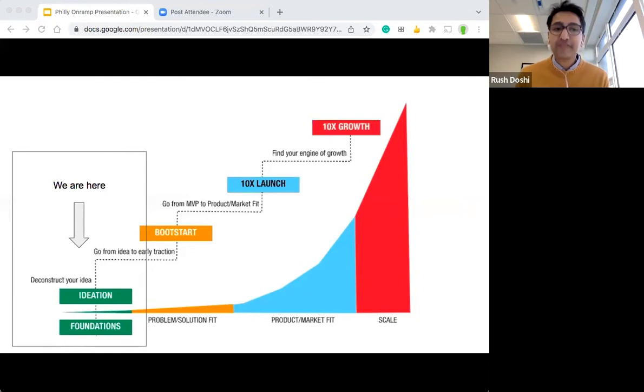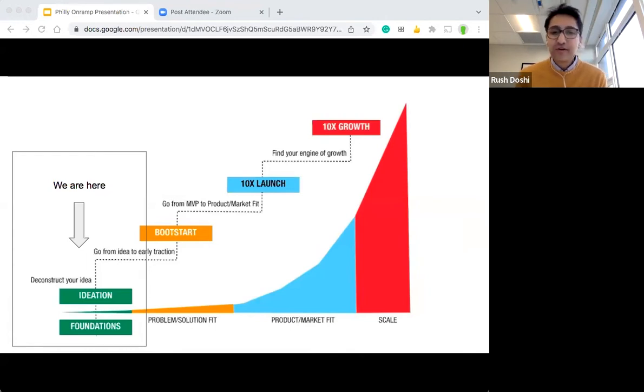Once you get past this stage, the next stage is determining whether or not there's a problem solution fit. If you find that materializes, the next stage is figuring out whether there's a product market fit, whether the thing that you are working on, once it hits the market, can scale.